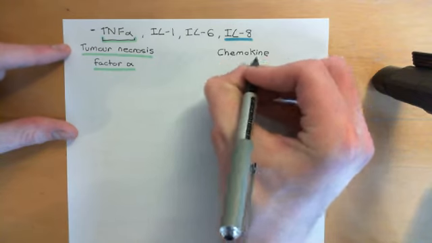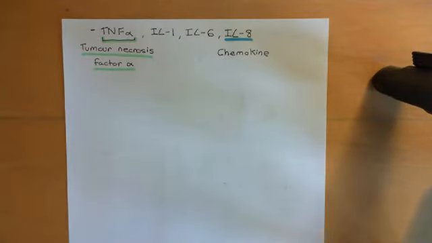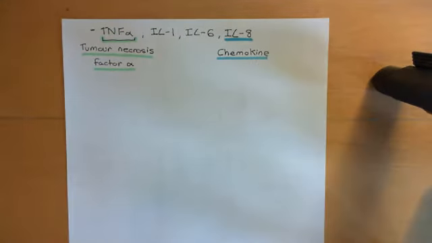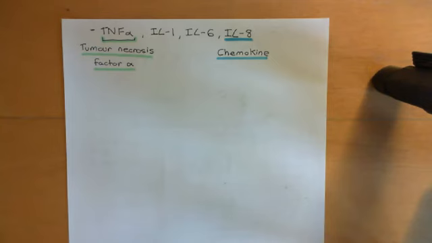Chemokines have a very special structure. All chemokines have a certain structure, and interleukin-8 obeys this structure, and therefore is called a chemokine. So just be aware that interleukin-8 wouldn't be referred to as a cytokine, whereas all the other ones I'm going to mention, TNF-alpha, interleukin-1 and interleukin-6, and a few more that I still have, they're all going to be cytokines.